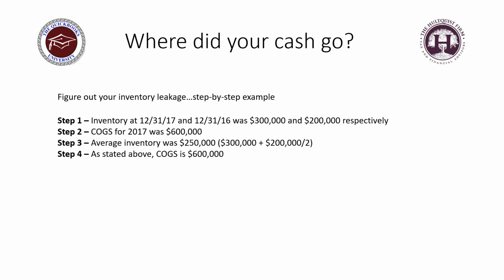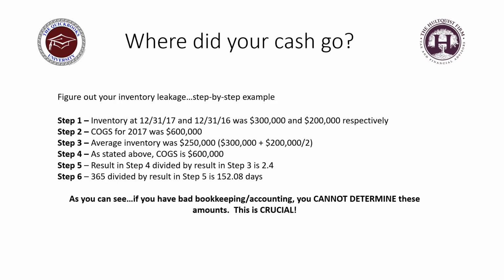And step 4, as I stated above, in step 2, cost of goods sold was $600,000. So if we divide $600,000 by $250,000, we get 2.4. So then 365 divided by the 2.4 is 152.08 days.